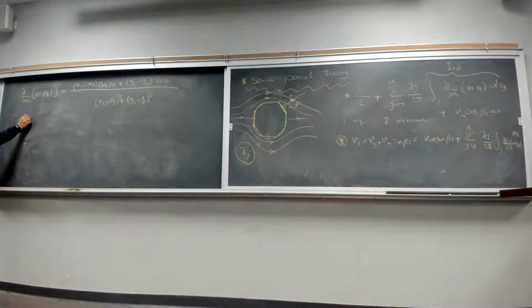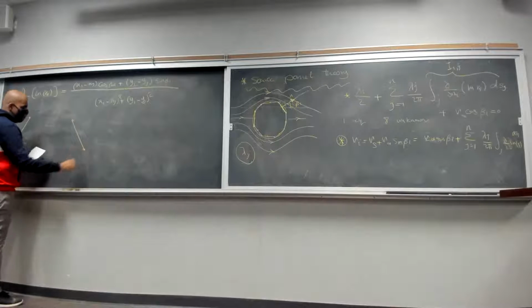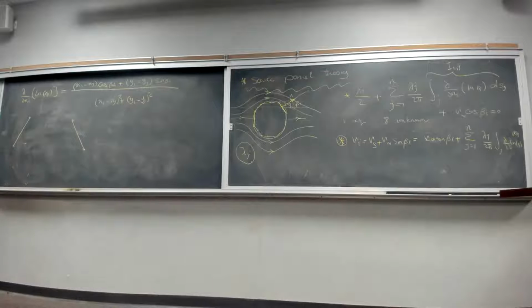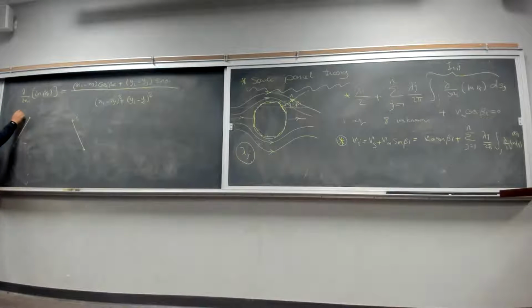What we were doing was we were assuming there are these two panels. This one is panel I, and this one is panel J. These are arbitrary panels. So we are finding a general solution that we can just simplify to fit that problem. And you're going to see why that is going to be helpful to us.